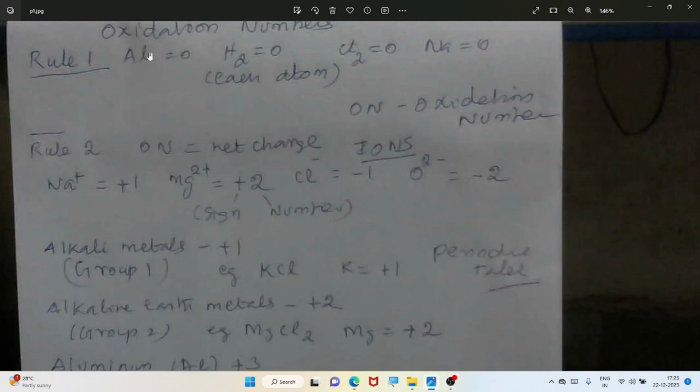So this is the atom without any charge, aluminum 0. In H2, each hydrogen atom is 0, in Cl2, Cl is 0. This is rule number 1.